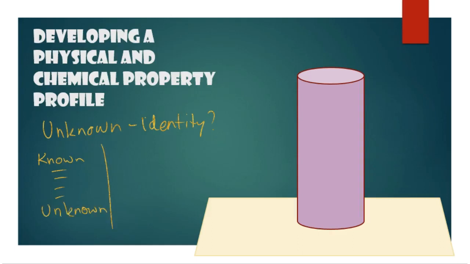And you're going to be doing little tests on those substances to see what the unknown substance matches. Now those tests are going to be tests of its physical characteristics and its chemical characteristics, so that you can compare. Because remember, every single substance, even the ones that are mixed or pure, have a unique physical and chemical property profile. So this is how you're going to do it.